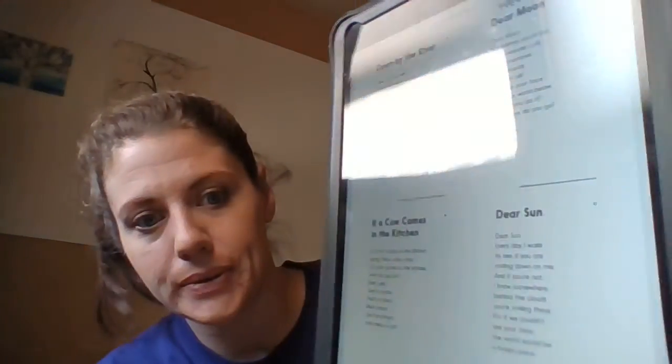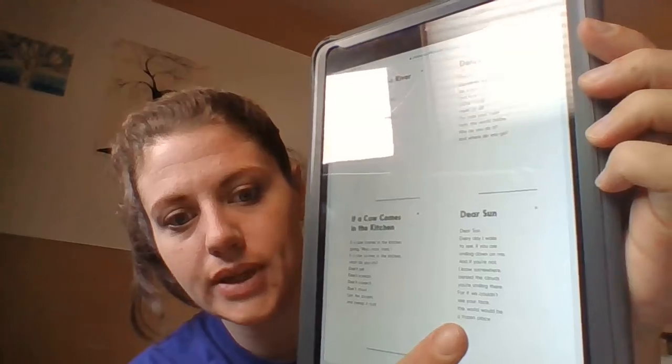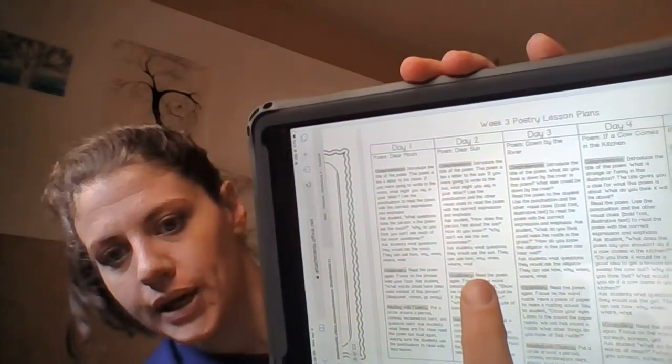All right, for writing, you are reading this poem, Dear Son. It's right here. Okay, so read that poem and then go through this lesson plan. If we go to the day 2 lesson plan right here on that page, that's what it looks like. It says this. So comprehension, you read the poem, and if you were going to write a poem to the sun, what would you write?